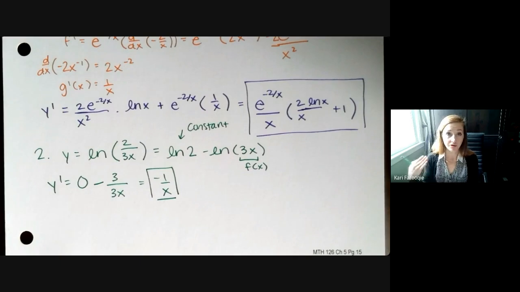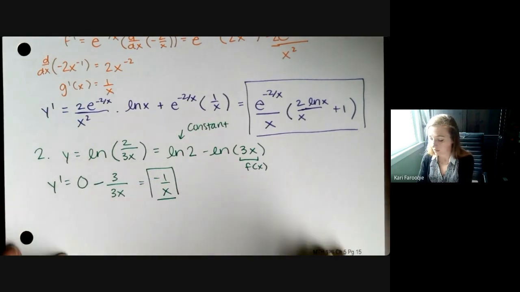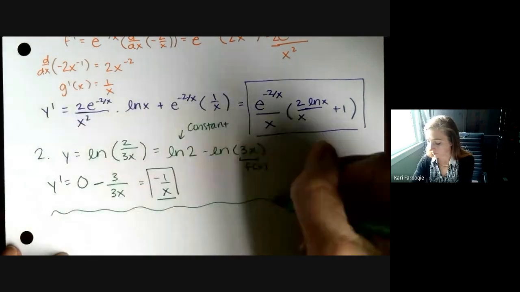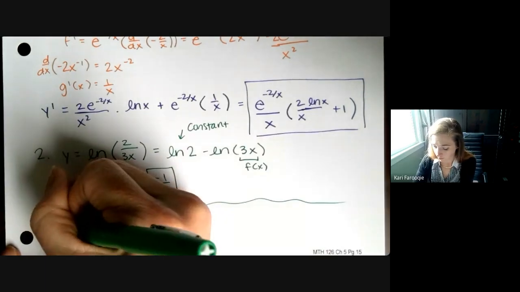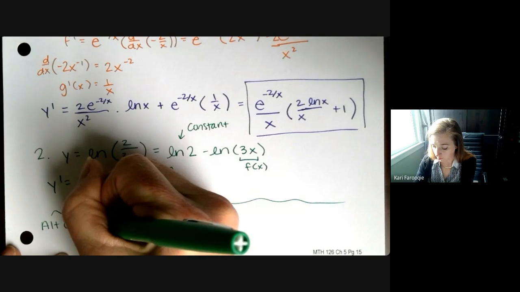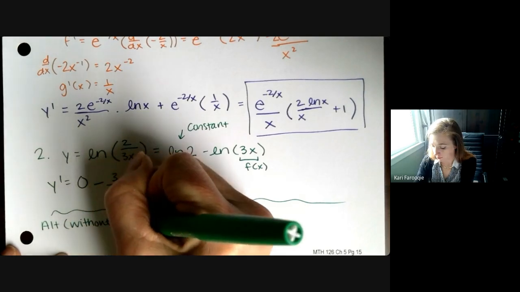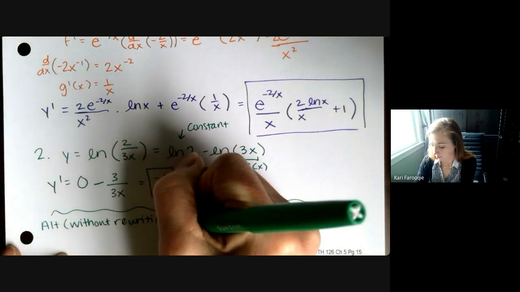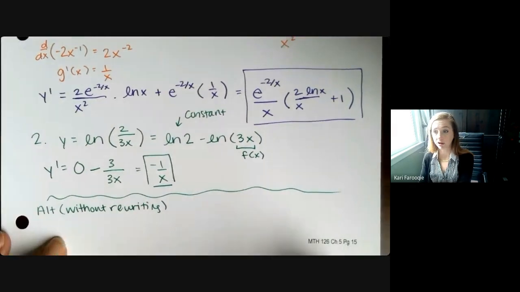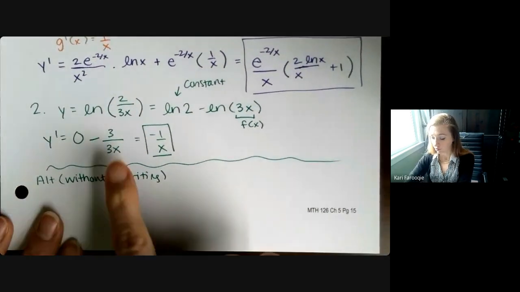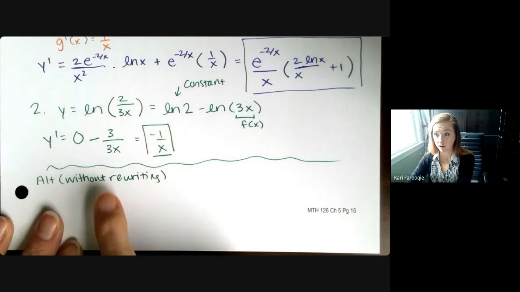Now, just so you can see that this would technically work both ways, we'll do it the other way without rewriting the function, and you can see how this would work. So alternatively, without rewriting, what you would be looking at is taking the derivative of the inside function divided by the original.